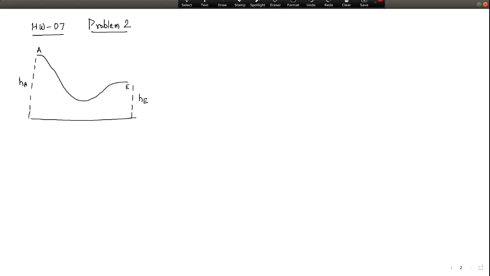The velocity at point A is given to be 0. And we are interested in finding the velocity at point E.